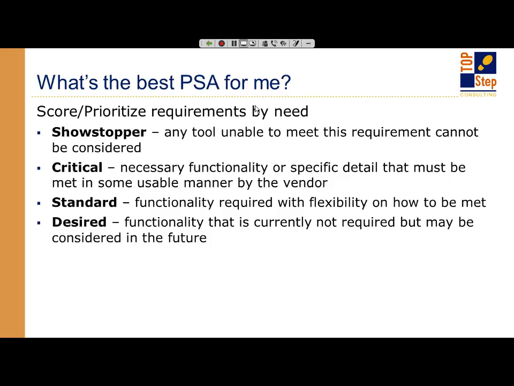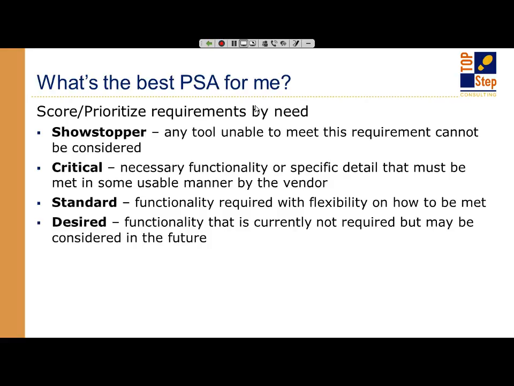Whether that functionality is there or not, if you're evaluating tools and they're neck and neck, maybe these desired requirements start having some kind of influence in the final decision. But they are lower priority. You tend to score them lower. And if they're not there, it's not a knock against the tool. It's really just something to consider in the final selection.